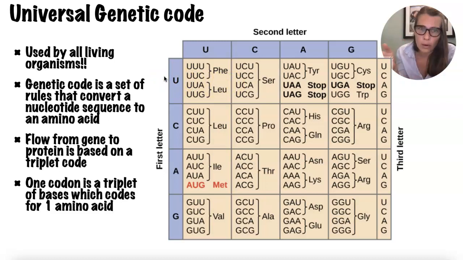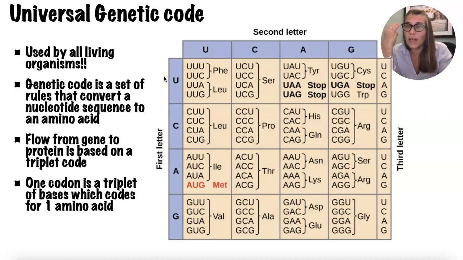So, used by all organisms. This is a set of rules that convert a nucleotide sequence to an amino acid. So that means there is a code. All 3 letters, 3 nucleotides, equal 1 specific amino acid. And as we said, that flow of information, DNA, RNA, protein, is really based on a triplet code.